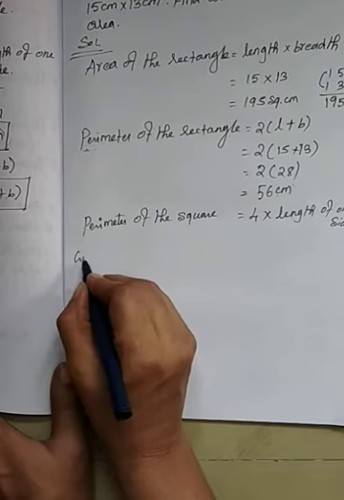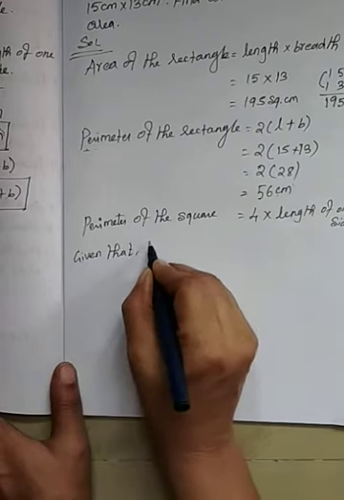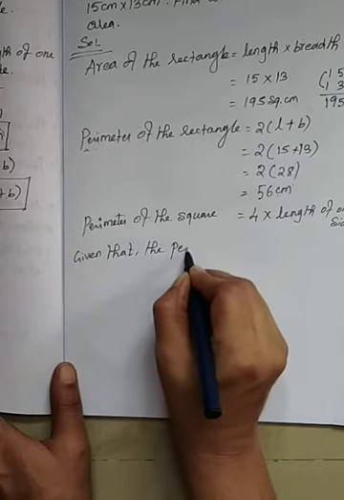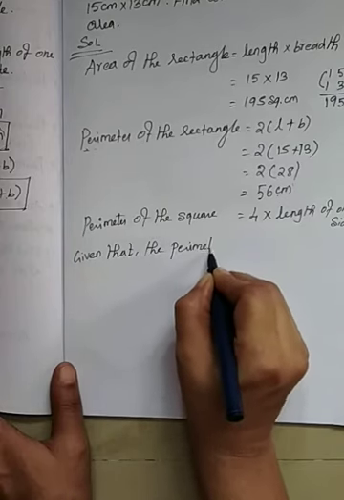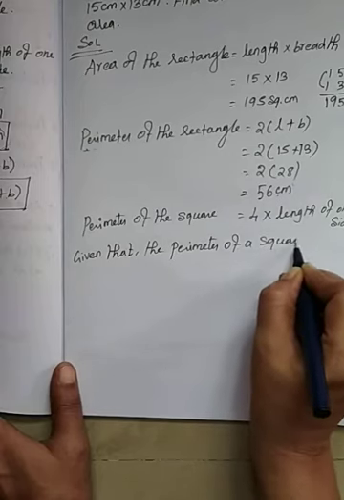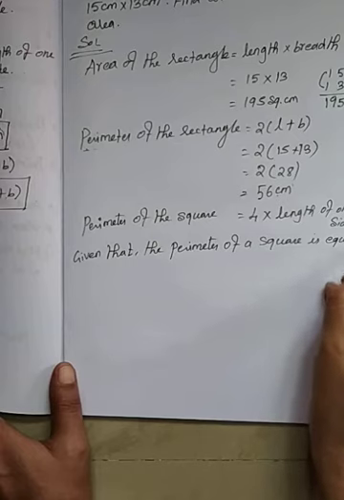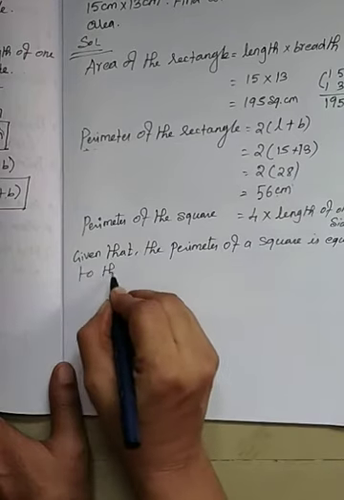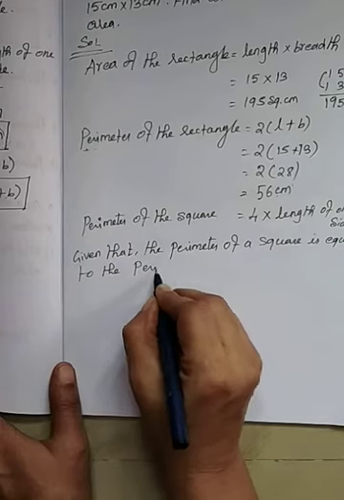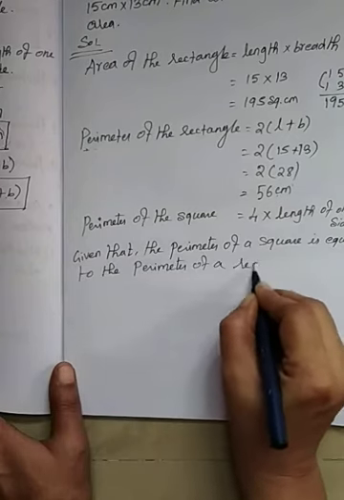So, write this line, given that the perimeter of a square is equal to the perimeter of a rectangle.